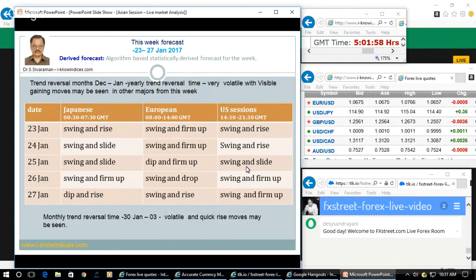Then they started sliding, and yesterday they made a drop, then a small firm-up towards close, and again made a dip at the start. Euro came down below the initial low set on Monday, and in the case of GBP, after the gain it made a nominal drop and then gained.